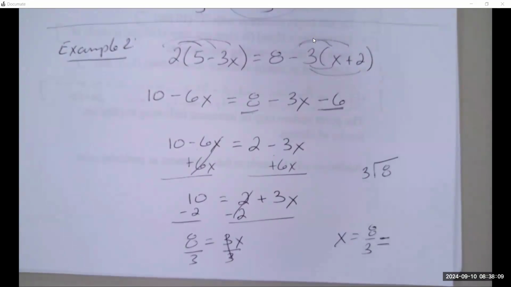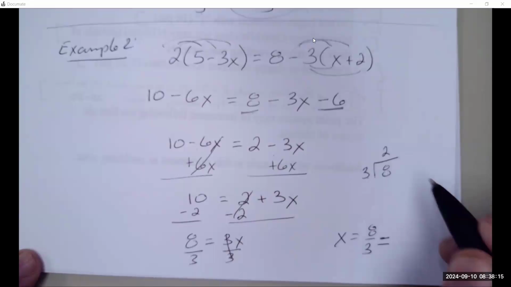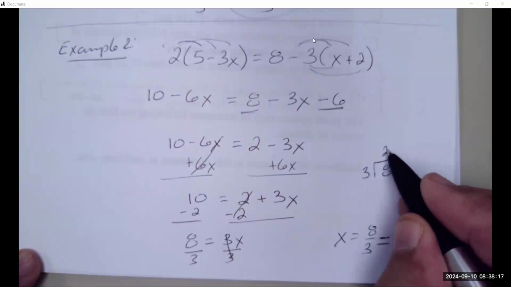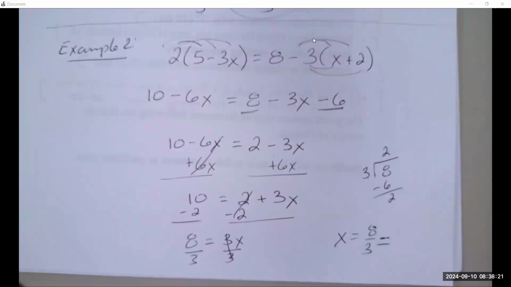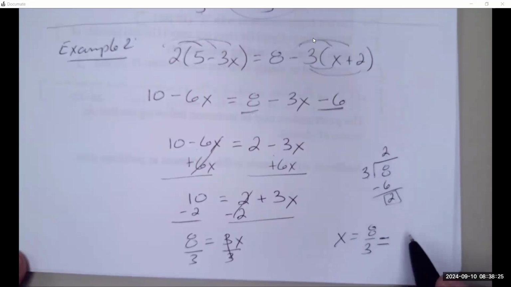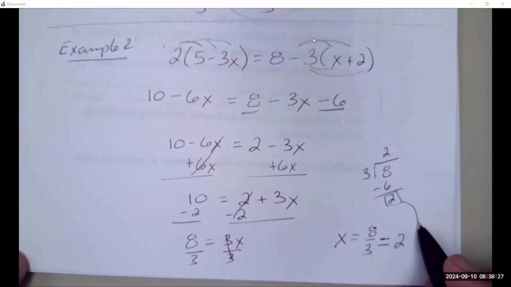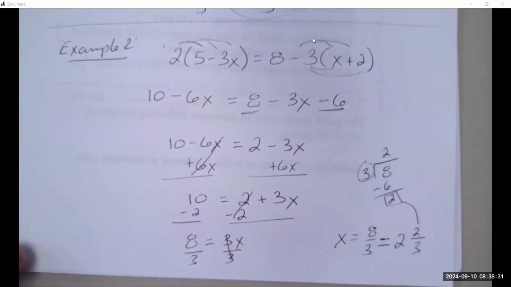So this is how it works for those of you who aren't refreshed with that. 3 goes into 8 twice. 2 times 3 is 6. This is your remainder. So it goes in there twice, 2/3.